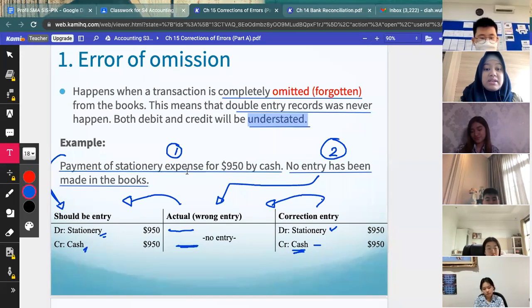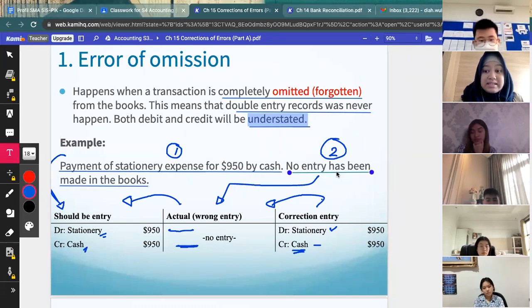Payment of stationery expense for 950 by cash, and then no entry has been made in the books. Now, when you're trying to solve an error transaction, try to divide the sentence into 2. Yeah, the first sentence is always showing the right transaction, or the transaction that you're supposed to record.